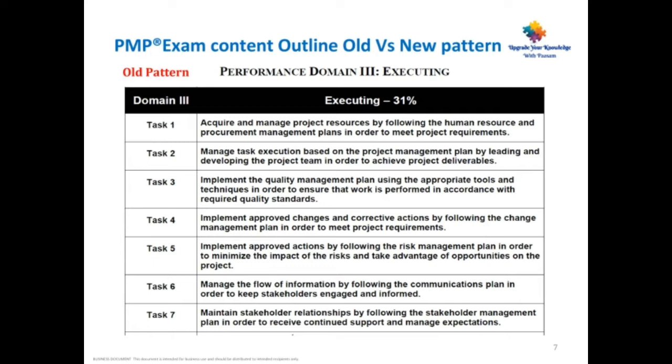Basically, this executing domain of the old pattern dealt with human resource, team development, collocation, motivation, team training, personal development, communication flows, stakeholder management, all those things. Now in the new exam pattern, it will come under the people domain.